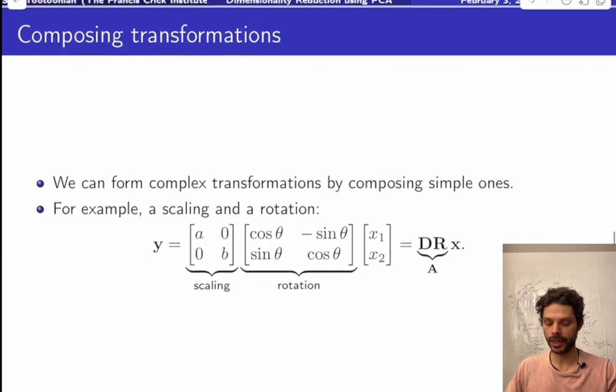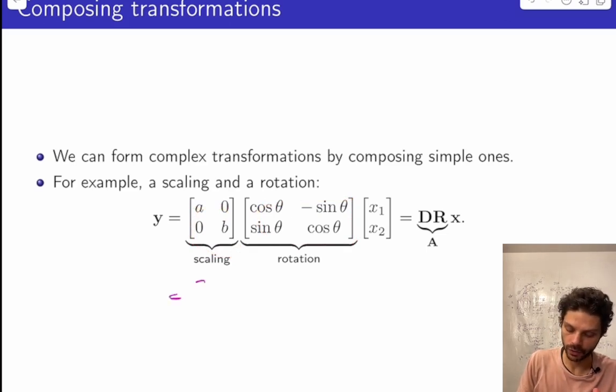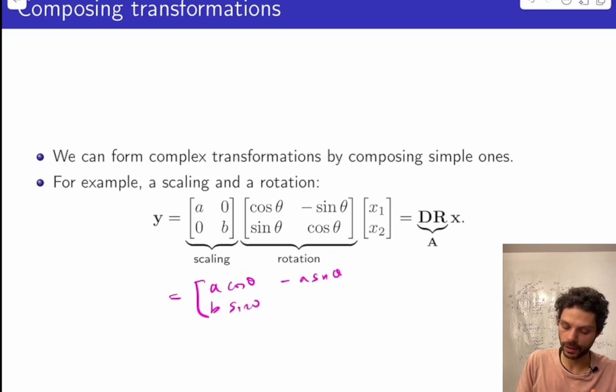Now, how do we make more complicated transformations? Well, one way is just to combine simple ones. Let's say we wanted a scaling and a rotation. Well, we first do the rotation, and then we apply the scaling, and then we combine these two and see what it would look like. So this is going to be a cosine theta, minus a sine theta, and b sine theta, b cosine theta.